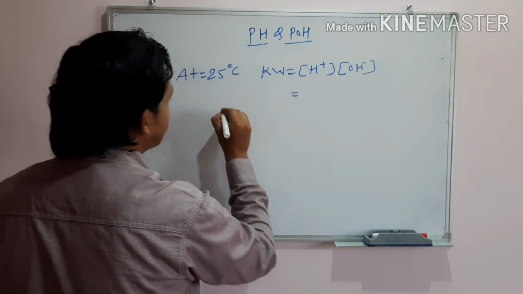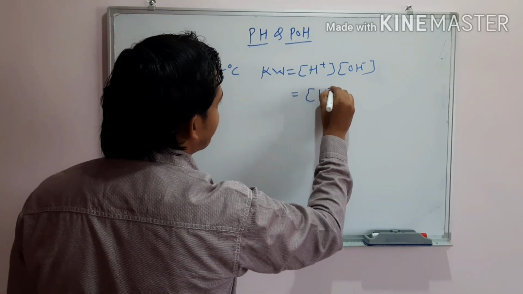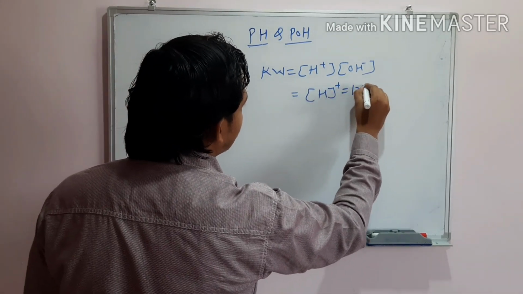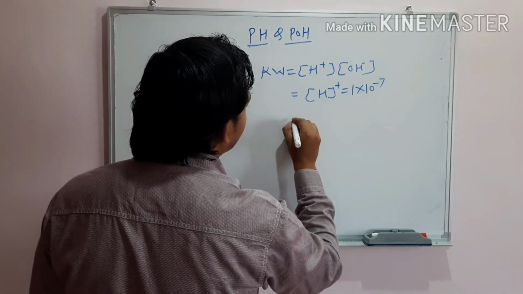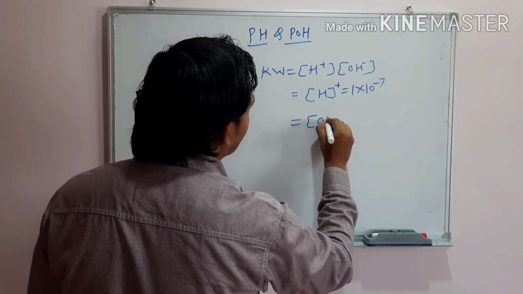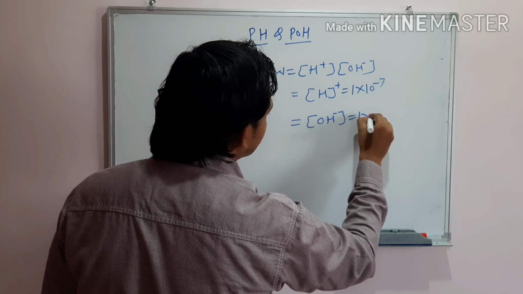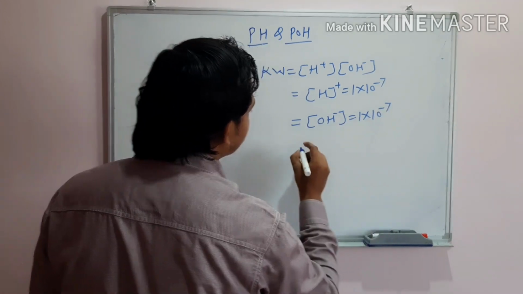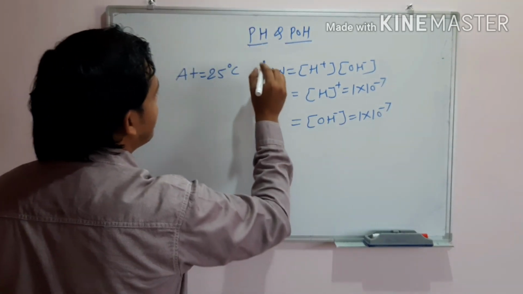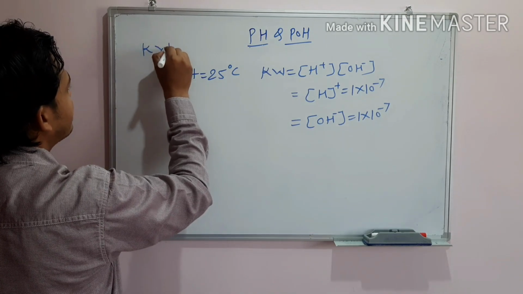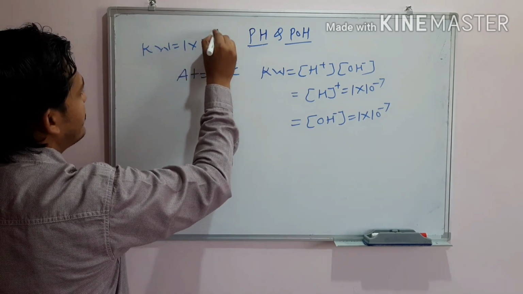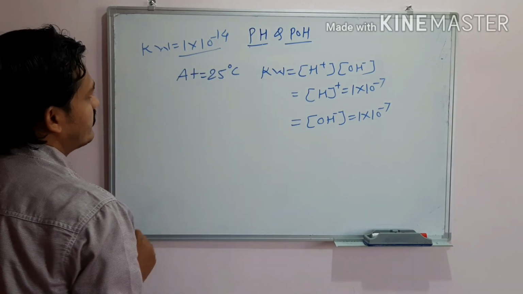The concentration of H plus is 1 into 10 raised to minus 7, and the concentration of OH minus is also 1 into 10 raised to minus 7. That is the ionic product of water. The value of Kw is 1 into 10 to the power minus 14.